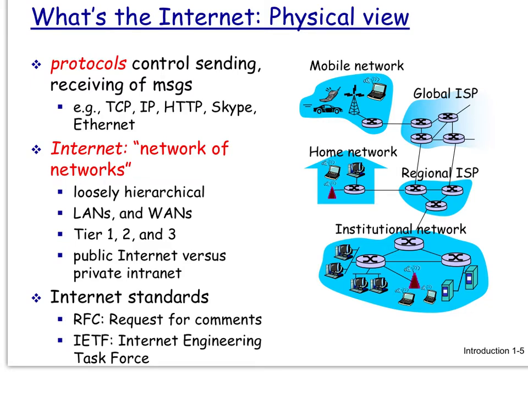And all the offices of Microsoft, regardless of the geographical location. So unlike LANs and WANs, because LANs and WANs have geographical significance. Okay? LAN means local area network, meaning geographically located in the same area. But the intranet does not have any significance in terms of geography.